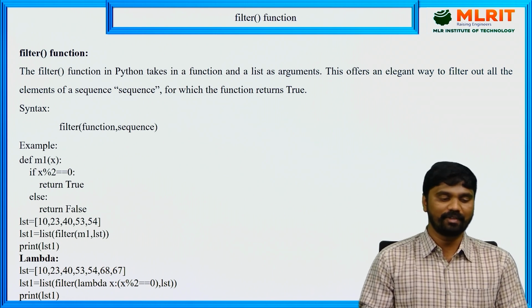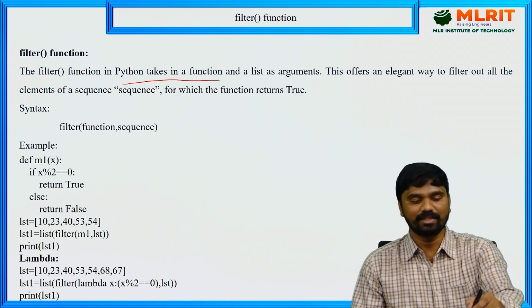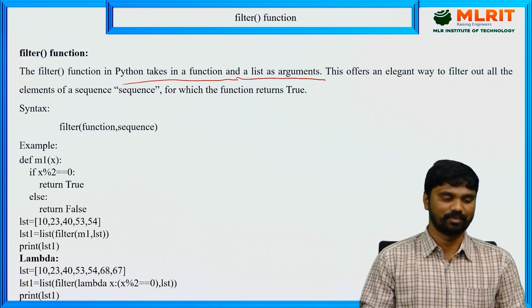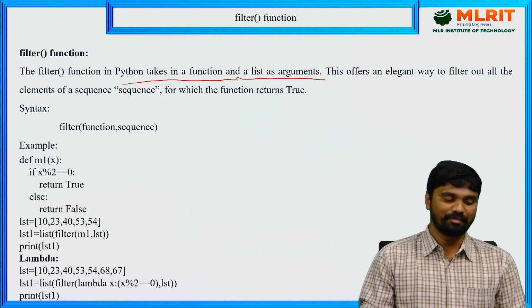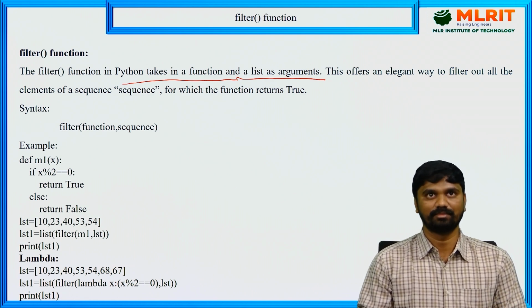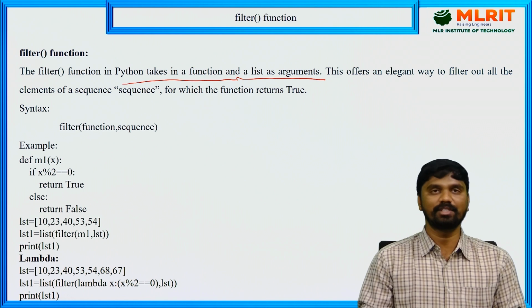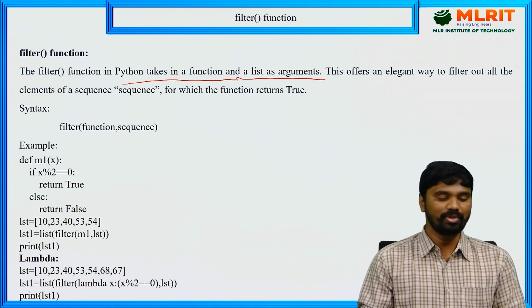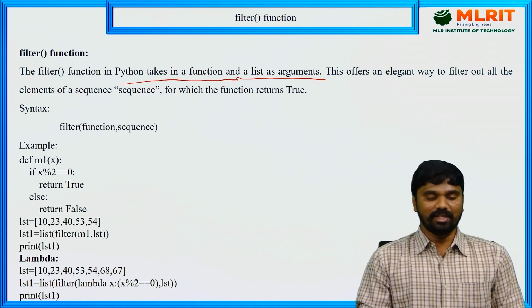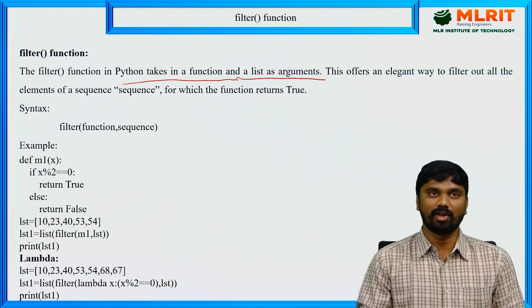The filter function in Python takes in a function and a list as arguments. That means the filter function is going to take a function as a parameter, and it takes an argument, which is a list.